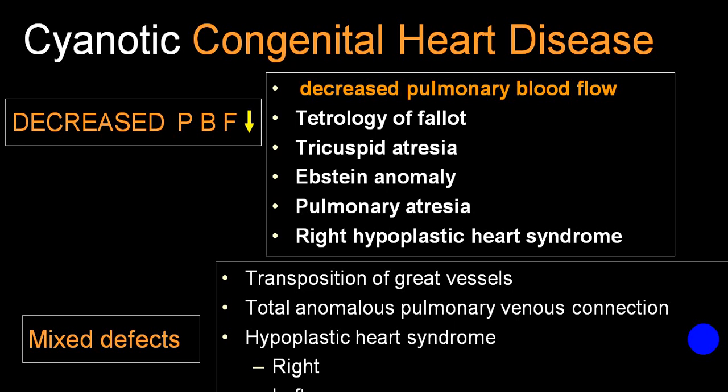But there are some conditions where you will have mixed blood flow, that is, deoxygenated and oxygenated blood flowing together: transposition of great vessels, total anomalous pulmonary venous connection, and hypoplastic heart, right or left side.